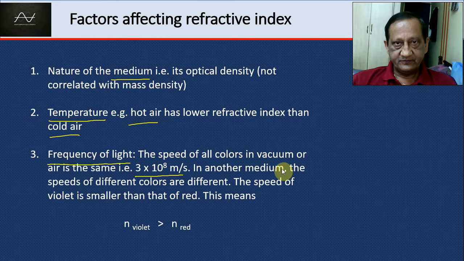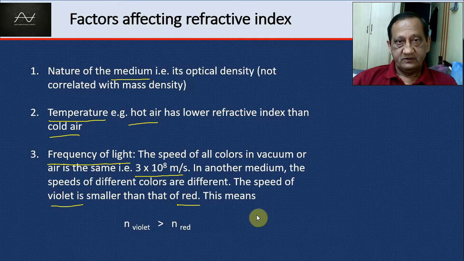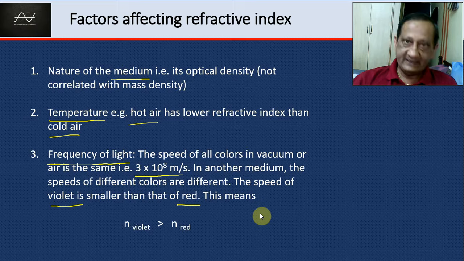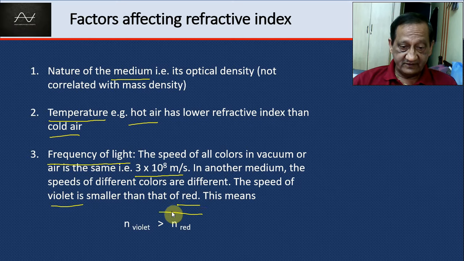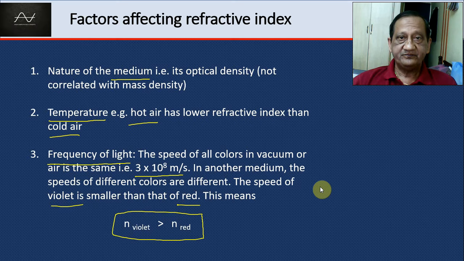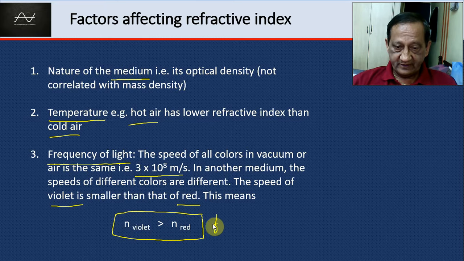Violet slows down much more than red, for instance. The speed of violet color of light in any medium is smaller than the speed of red color of light in that same medium. And if the speed is less, then the refractive index is more. So this is very interesting. n of violet is greater than n of red for any medium other than air.